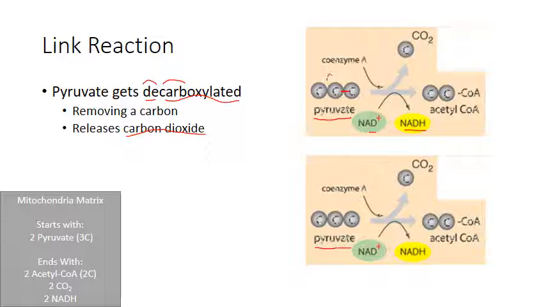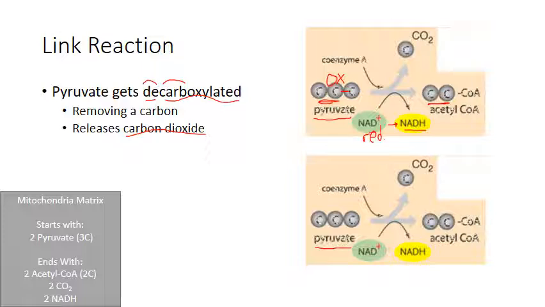So pyruvate is going to get oxidized. We're going to steal some of its energy, and NAD is going to get reduced into its reduced form called NADH. Okay, so at the end of this, I should only have these 2 carbons left. Yep, here they are.